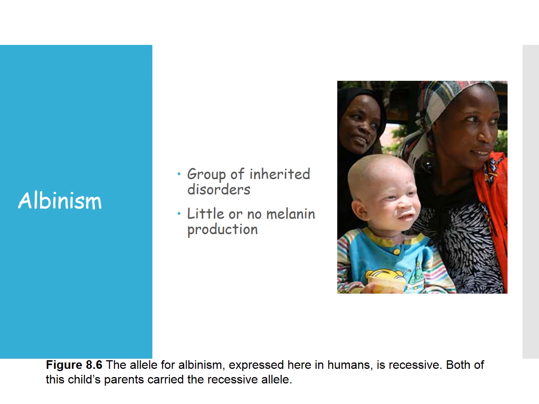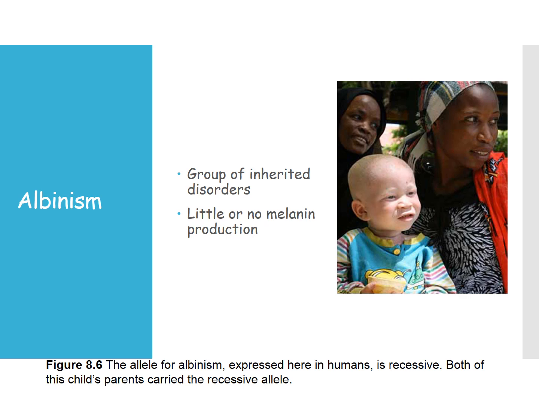Albinism is another autosomal recessive disorder. It's actually a group of inherited disorders where an individual produces little or no melanin pigment. Melanin is a brown pigment that gives coloration to your skin, your hair, and your eyes. And it almost acts as a switch.